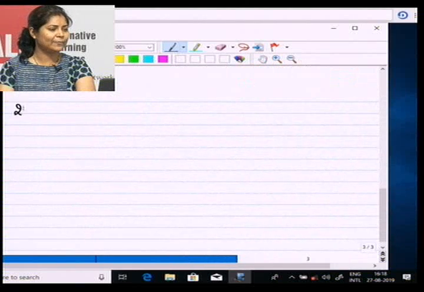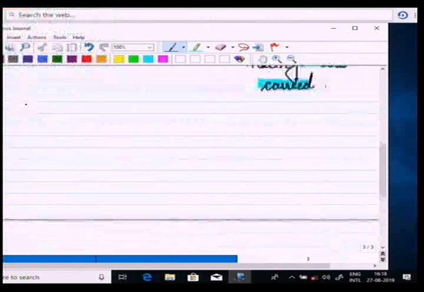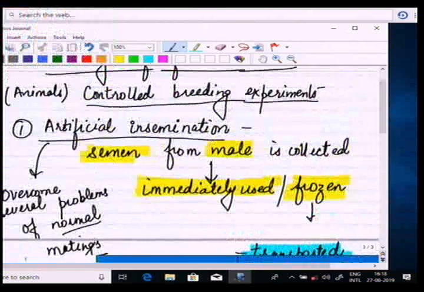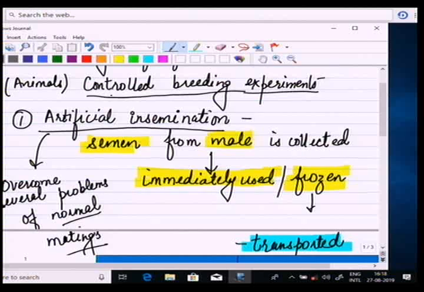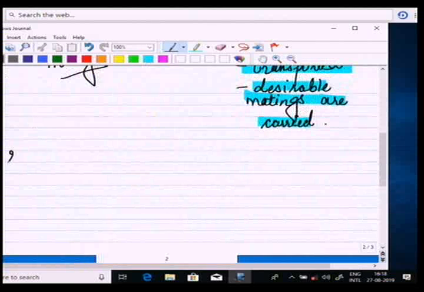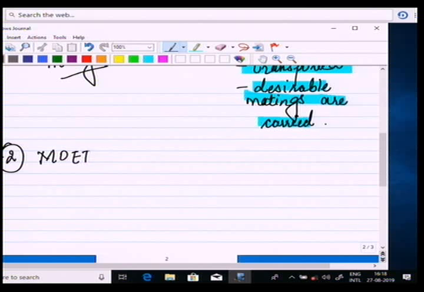So the second thing we can do to increase our productivity is controlled breeding experiments. What we can put into controlled breeding experiments, number 2 from our side, is MOET.